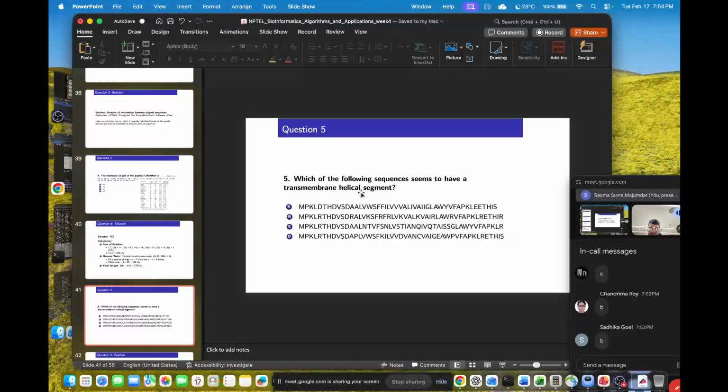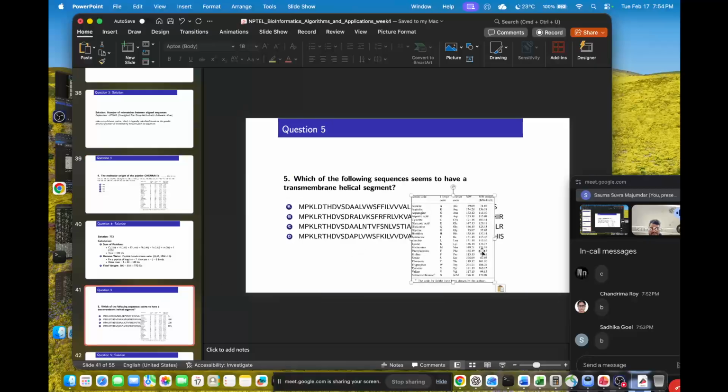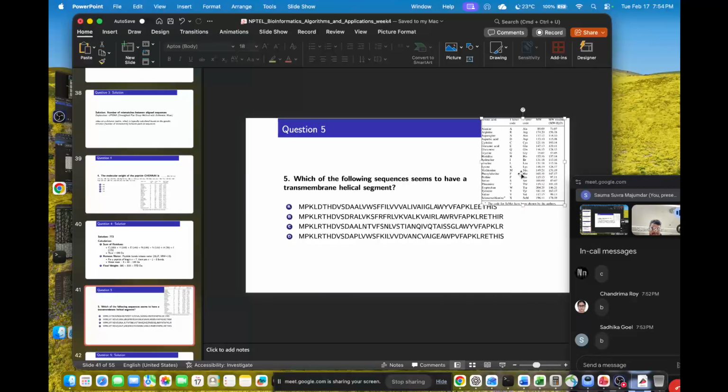Again, I don't think you'll be able to make sense of this without the code. I personally do not seem to remember the one letter code for the amino acids, so it's a problem for me.